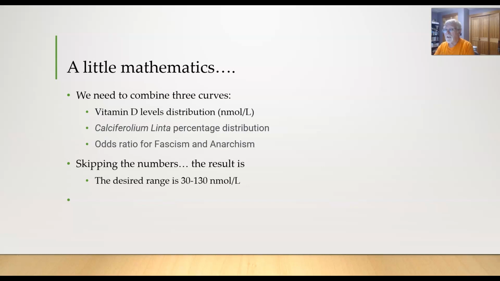So we have 3 different sets of numbers. Skipping the numbers and all the mathematics, the resulting desired range is 30 to 130 nanomoles per liter. Okay, so now we know what range we want people to move into, which is good. We now have a calculated range based on some hard numbers.